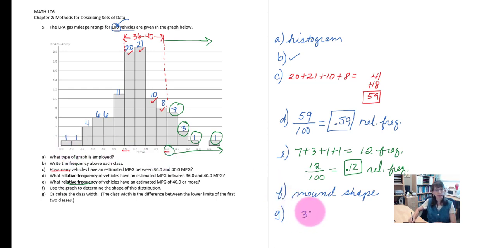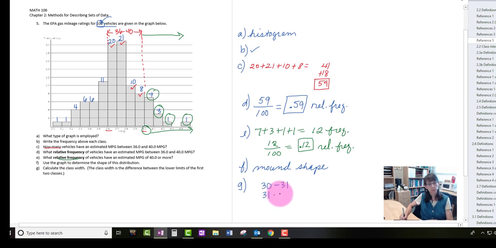So if I wrote that down as an interval, it would look like this, 30-31. Our second bar goes from 31 to 32. So the lower limits would be the first numbers in those intervals. So I would start with the higher number, subtract the lower number, and that would give us 1 for the class width.